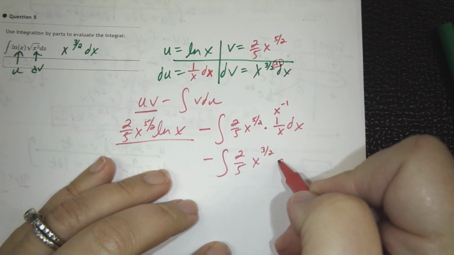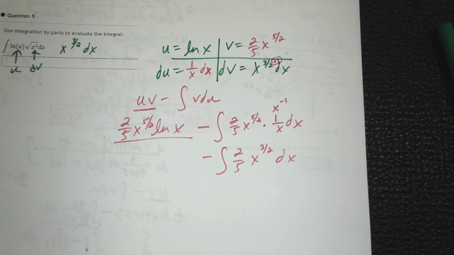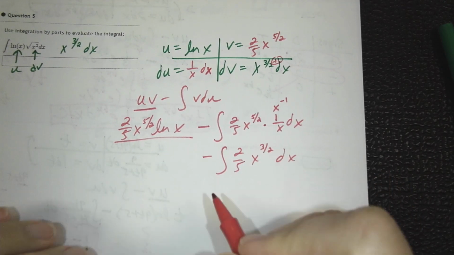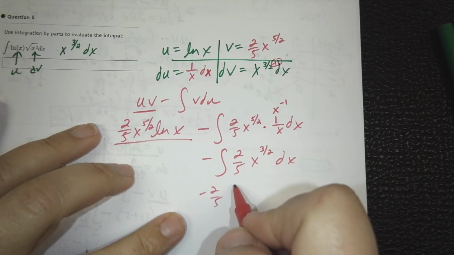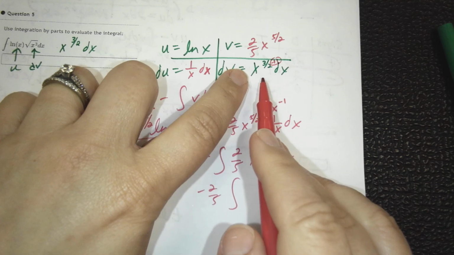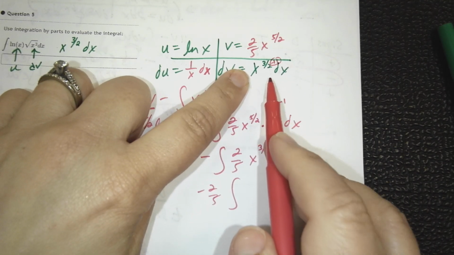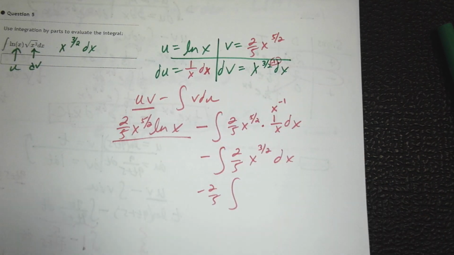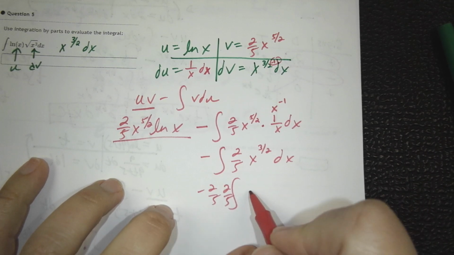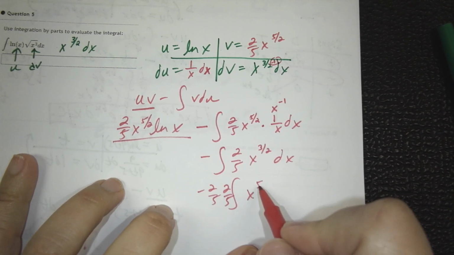Yes, and you have to integrate again, and you're going to pull out the 2/5. But honestly, aren't I integrating what I just did up here? It always works out that way with integration by parts, by the way. So it's going to become another 2/5 x to the 5/2.